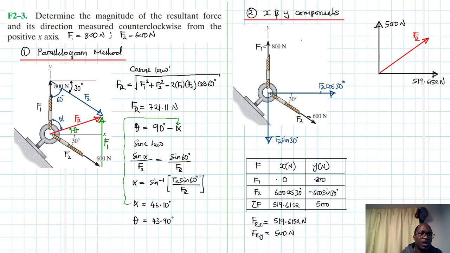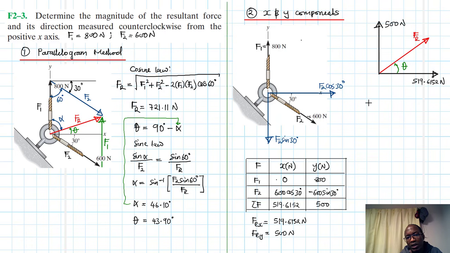We also need the angle measured with respect to the positive x-axis in the counterclockwise direction. This angle here is our theta. We know that tan theta is just equal to opposite over adjacent. Remember this in trigonometry?